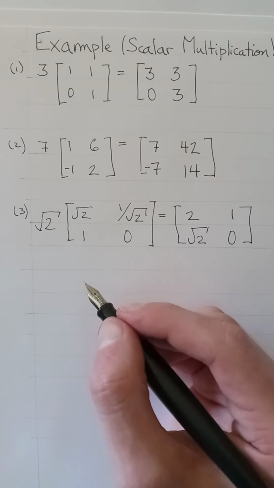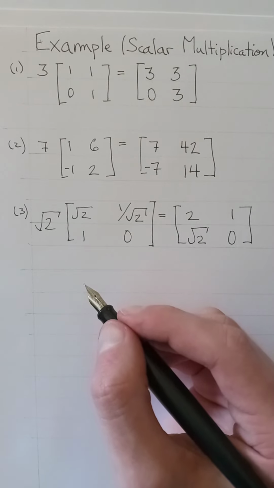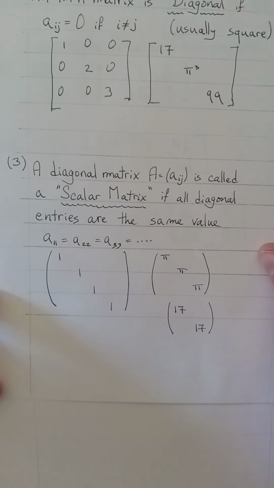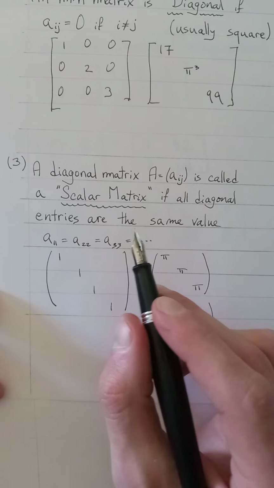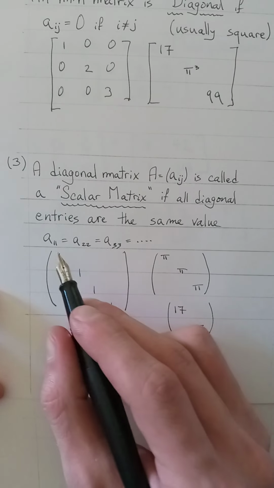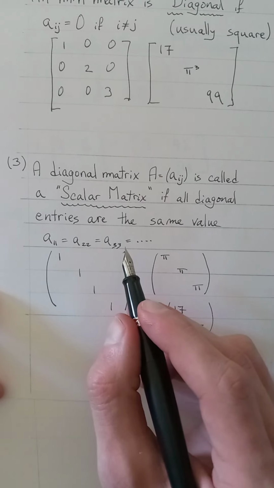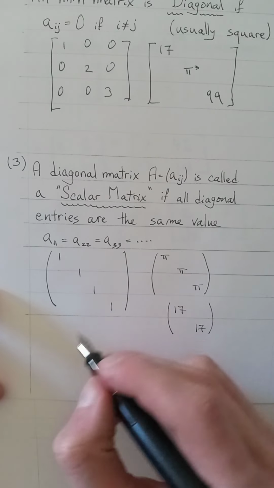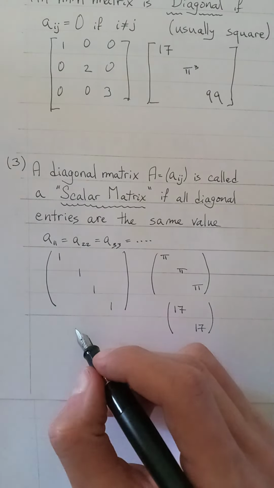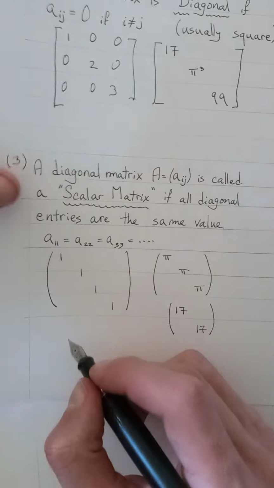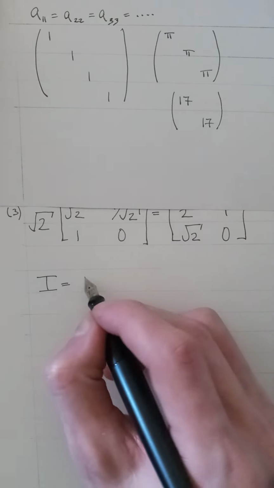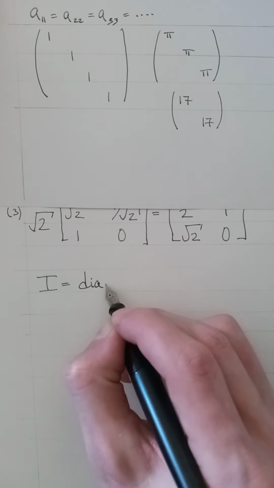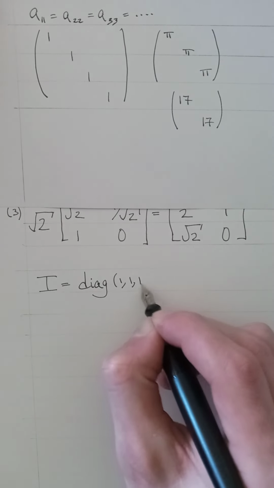Now, why is this called scalar multiplication exactly? If you remember from last time, we introduced a notion of a scalar matrix, where all the diagonal entries are the same value, and all the off-diagonals are 0. So effectively, what we do in this case is we say, okay, you let I be equal to the diagonal matrix with just ones.